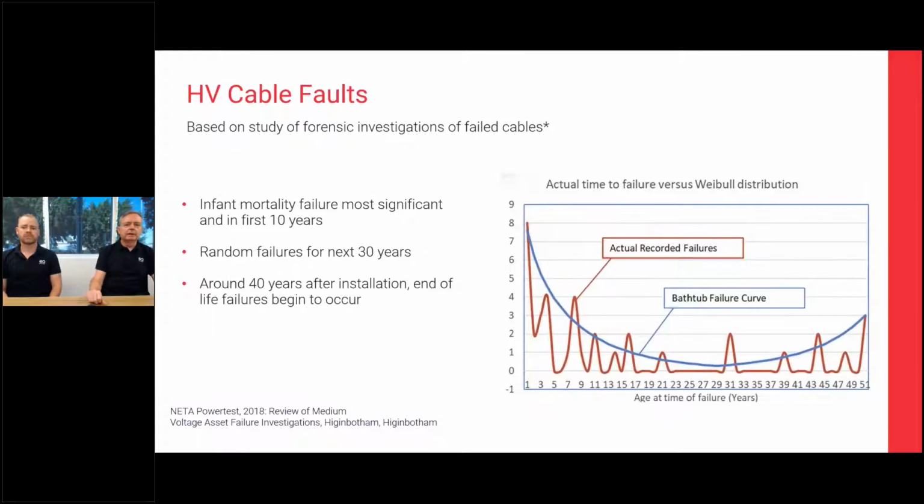Looking a bit deeper into that set of statistics that was put together, the references down the bottom here, what we find is that there is a significant proportion of infant mortality failures generally in the first 10 years, and that absolutely lines up with the workmanship issues. It's not an easy case.